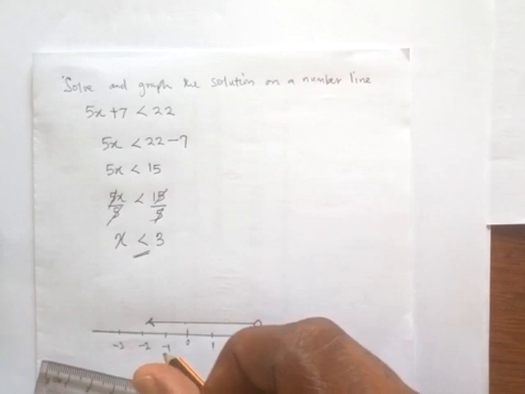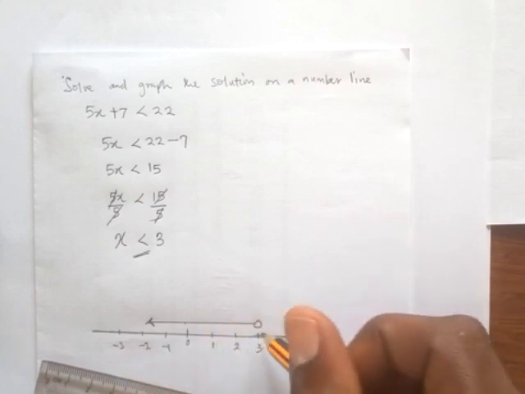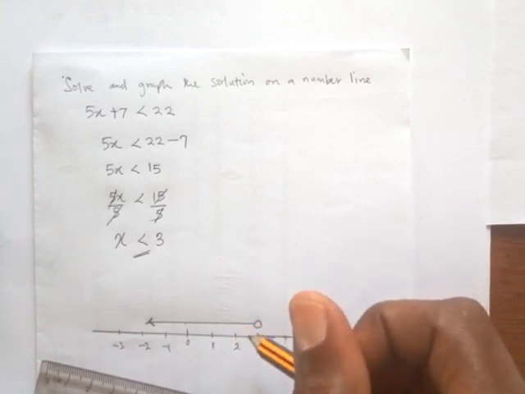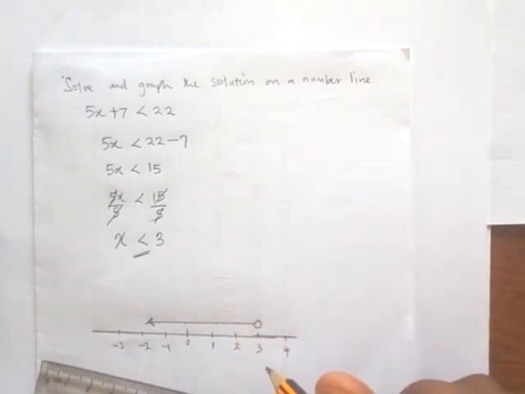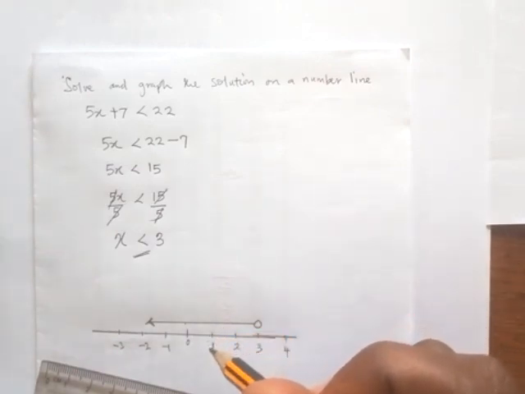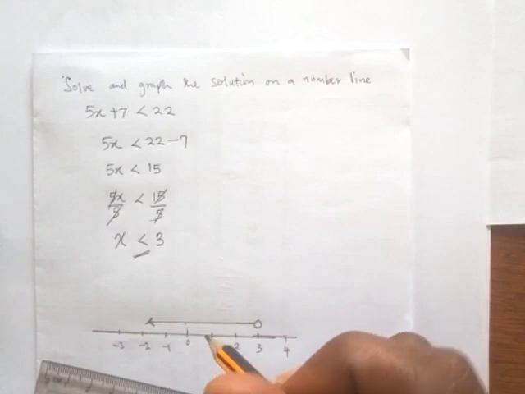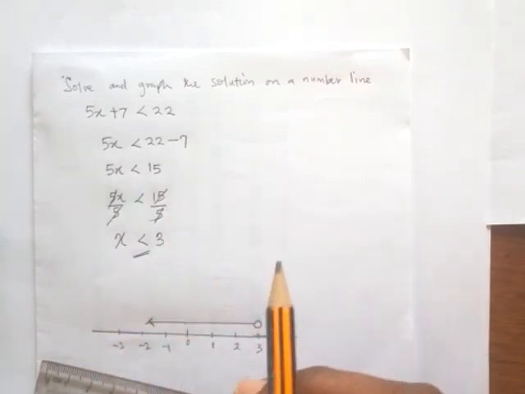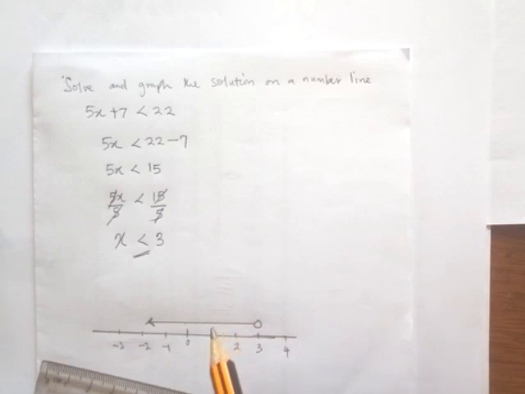So minus 1 is less than 3, minus 2 is less than 3, 1 is less than 3, 2 is also less than 3. So from 3 downwards, like we said earlier, inequality solution talks about a range of values. See you in the next video.